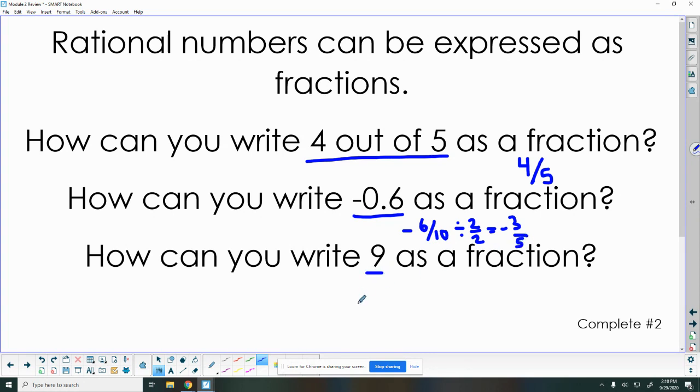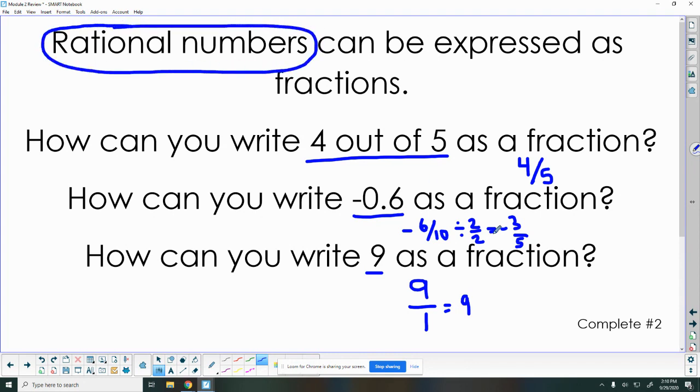And see if you can write 9 as a fraction. Remember, 9 will go over 1. 9 divided by 1 equals 9, but 9 over 1 is a fraction. So all of those are examples of rational numbers. Go ahead and pause the video and complete number 2.